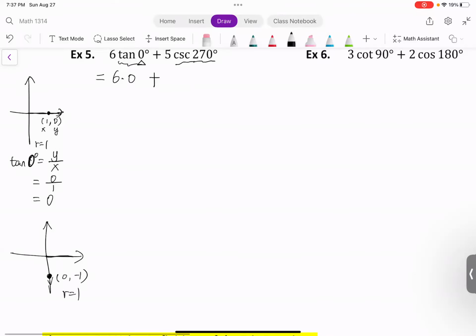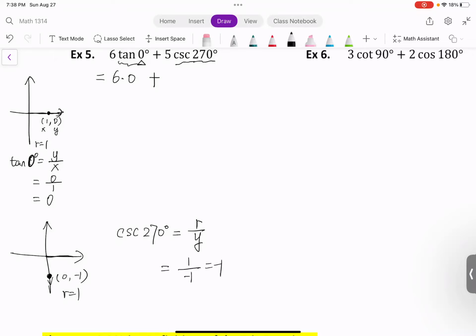So let's see, what is the cosecant of 270 degrees? What's the reciprocal of cosecant? Cosecant is the reciprocal of sine. So sine equals y over r, and its reciprocal is r over y. Let's plug in the y and r values. R is 1, y is -1. We have -1.